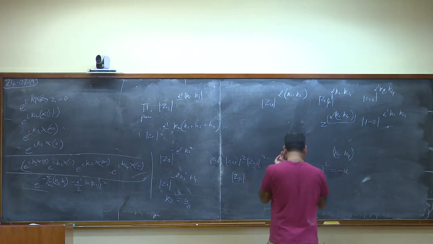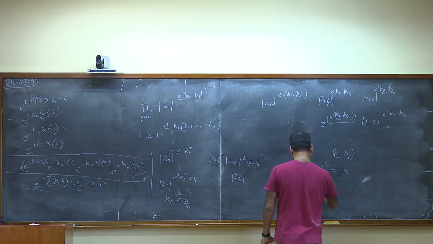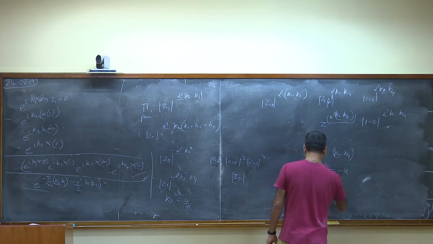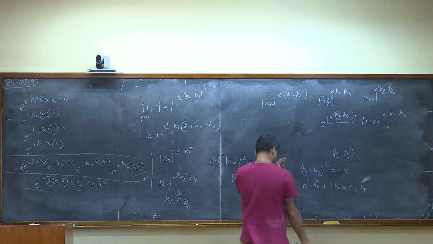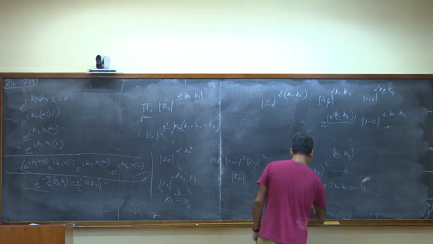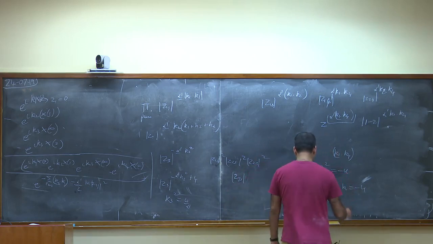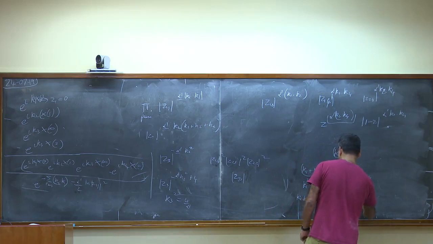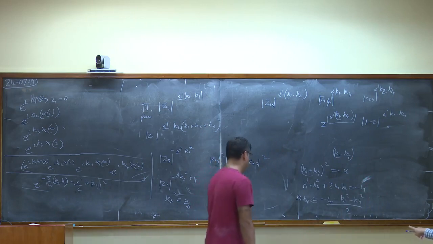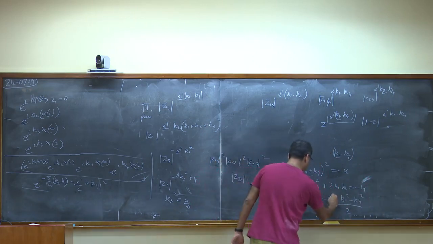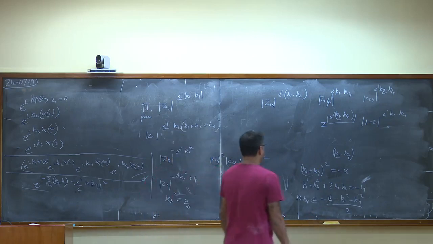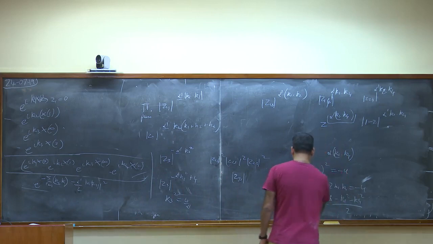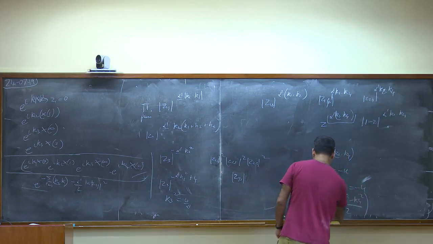Now this quantity was K1 squared plus K4 squared plus 2 K1 dot K4, equal to minus u. And therefore K1 dot K4 was equal to minus u minus K1 squared minus K4 squared, divided by 2. Minus u, that's not 4, minus 2, thank you. We have alpha prime K1 dot K4, so there's an overall factor of alpha prime.